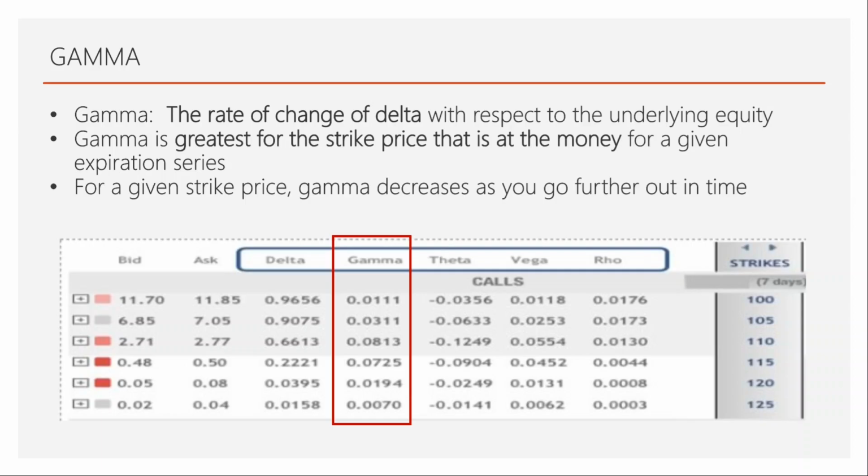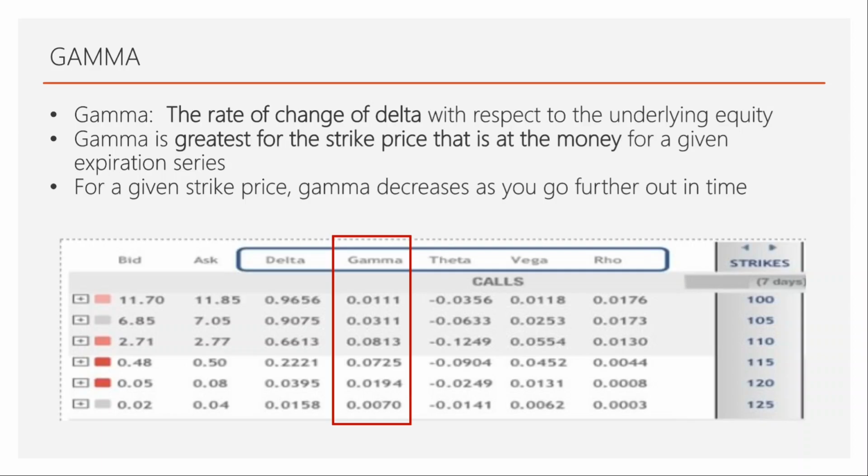So you can consider gamma as the thrust or acceleration, the momentum for delta. For example, if I have a long rope and I vibrate that rope in the center, there will be more vibration in the center and less vibration at the end of the rope, right?